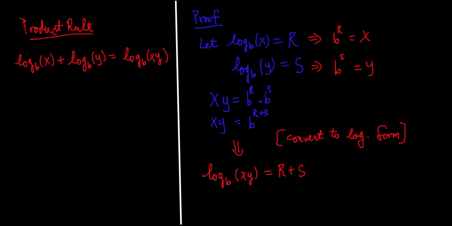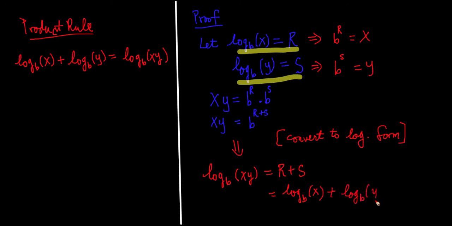But lo and behold, what was r plus s to begin with? Well, look over here. R was log base b of x, and s was log base b of y. So this is really log base b of x plus log base b of y. And this completes the proof of the product rule.